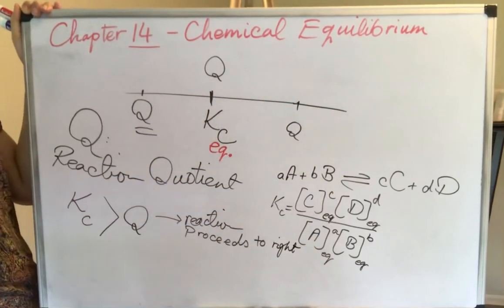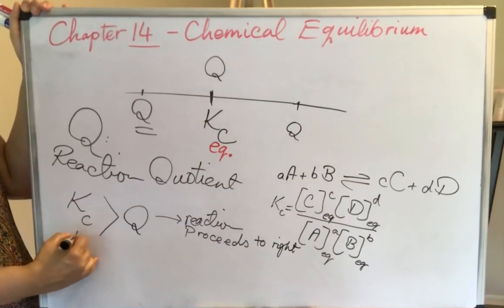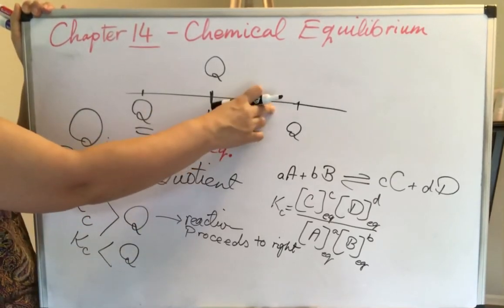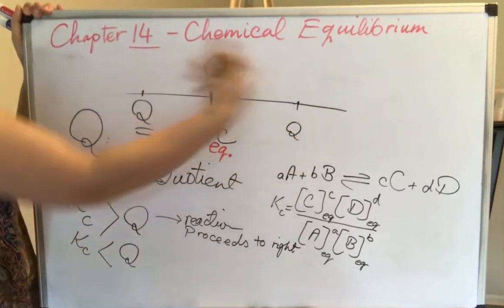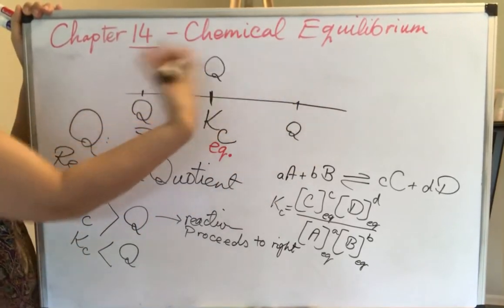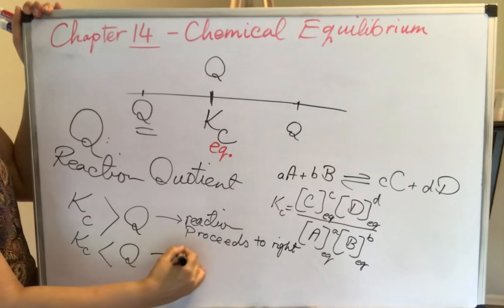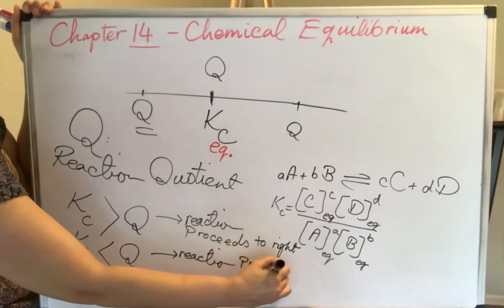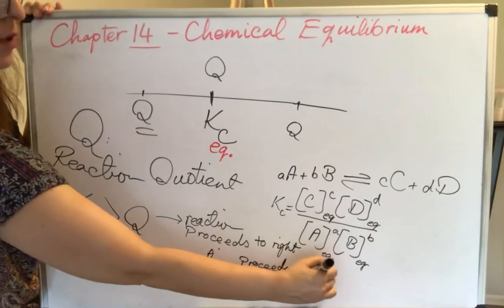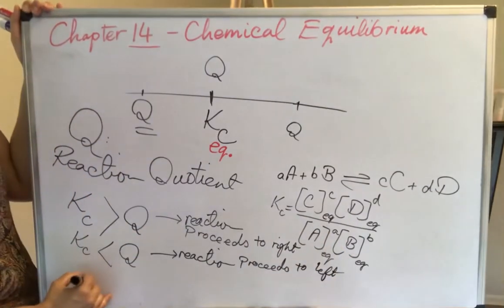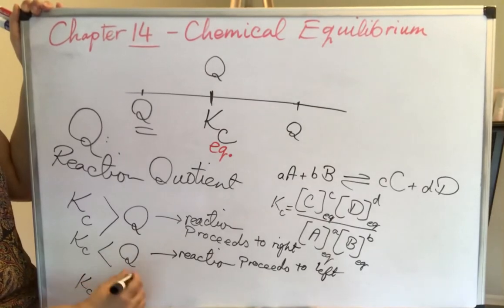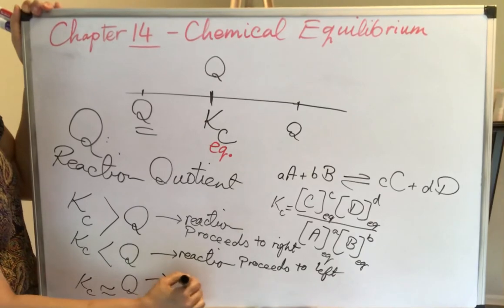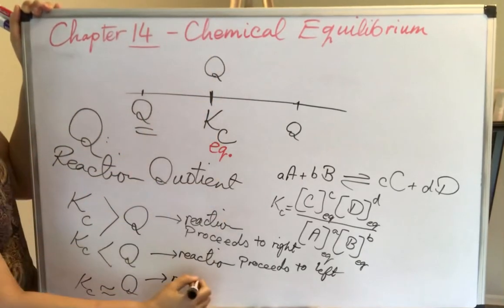When Kc is less than Q, you already passed the equilibrium, so the reaction starts going back towards the reactants. So the reaction proceeds to the left. And when Kc and Q are almost the same, then the reaction is at what? Equilibrium.